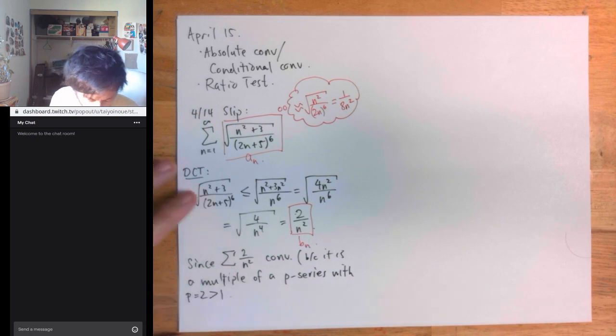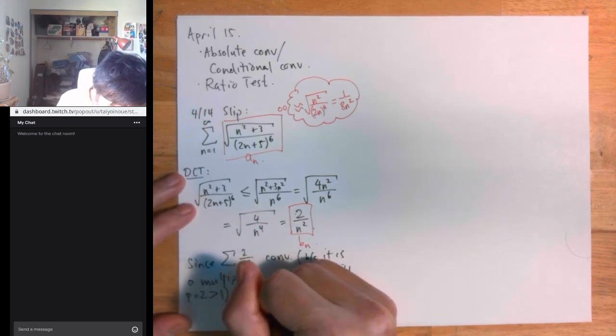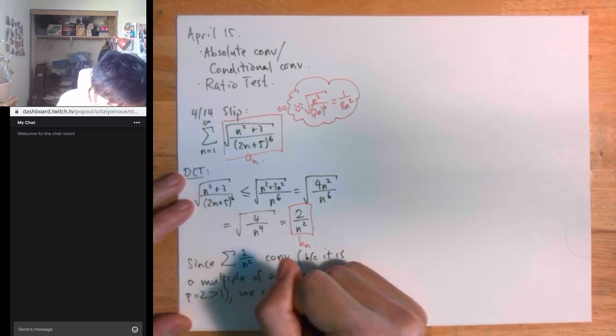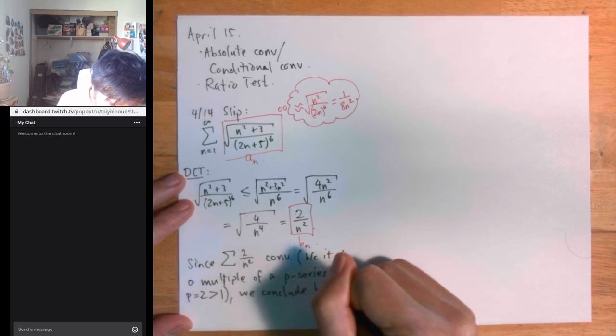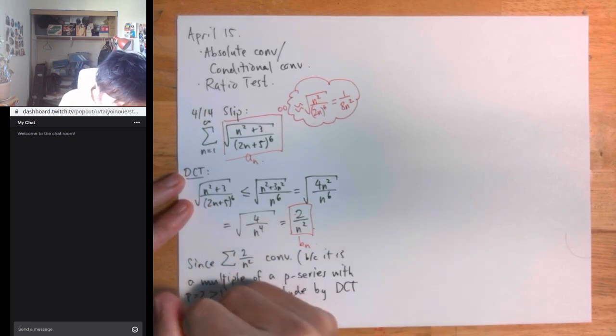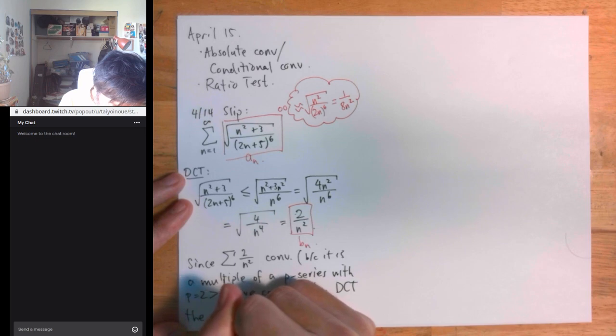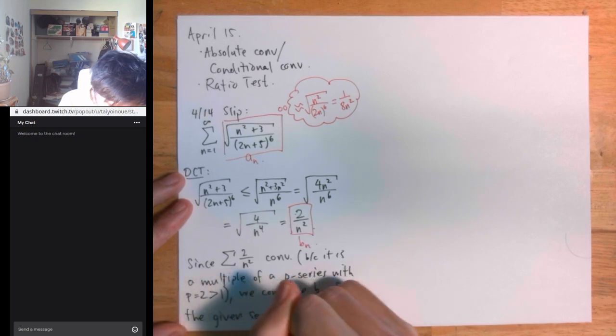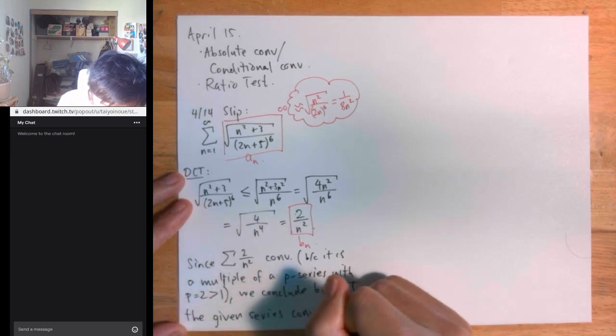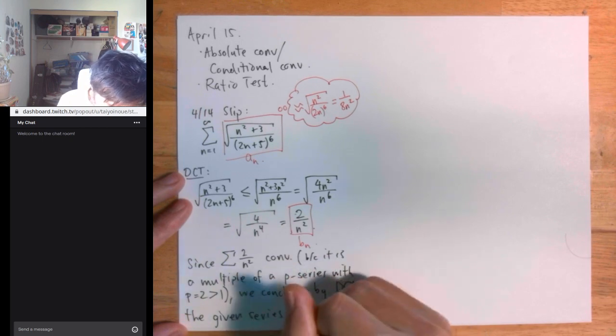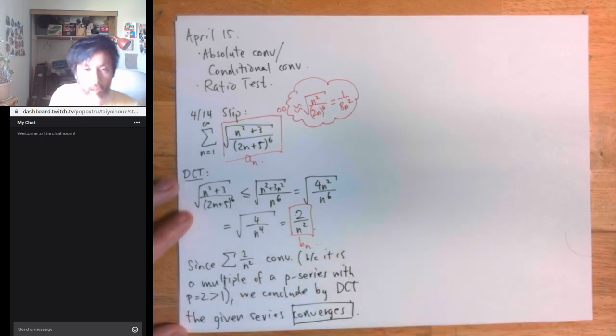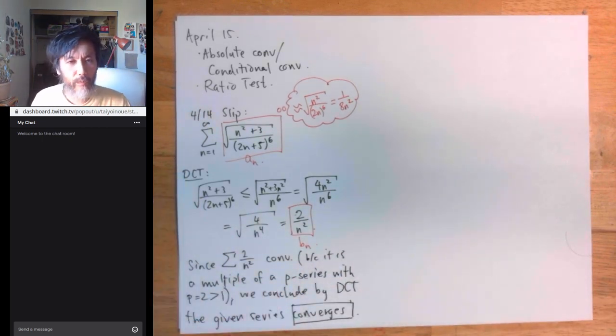So since this thing converges, we conclude by DCT the given series converges. Okay? So that's how you would kill this problem using DCT.